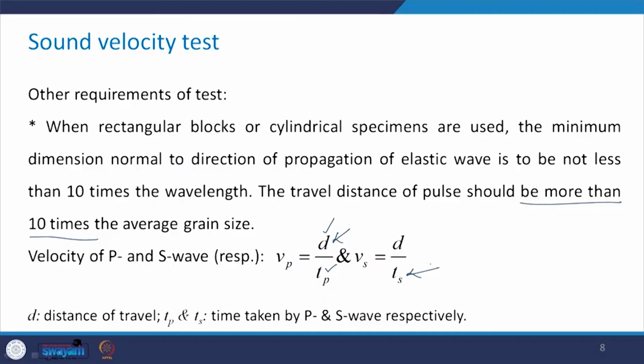So, once we know d and Tp, that means the time taken by the P wave to travel the distance d, and similarly Ts is the time taken by the S wave to travel this distance d, we divide this distance of travel by the corresponding values of time and we get the velocity of P wave Vp and the velocity of S wave Vs.